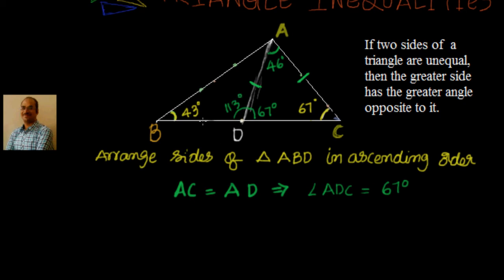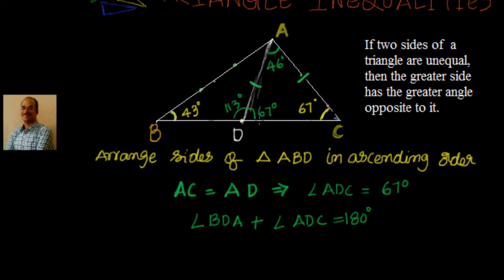How do we know that? We know that angle BDA plus angle ADC equal to 180 degrees. From there, substituting ADC equal to 67, I got angle BDA equal to 113.